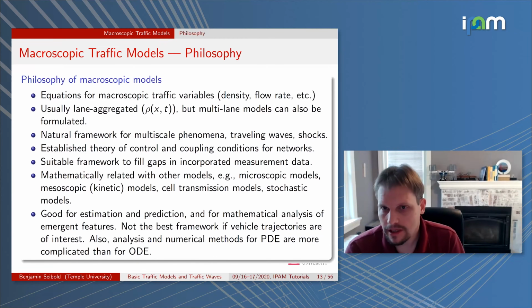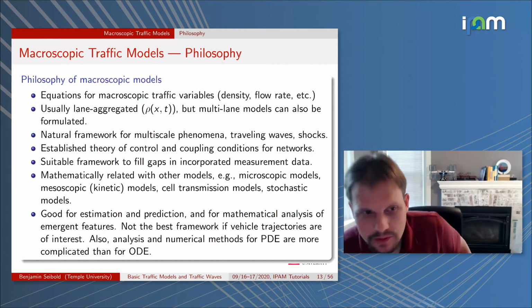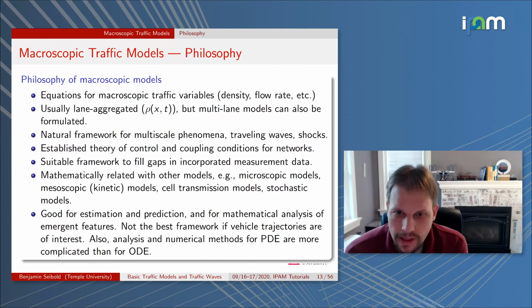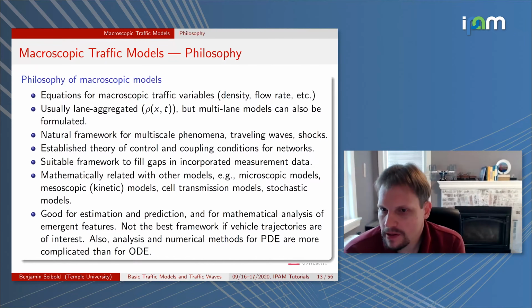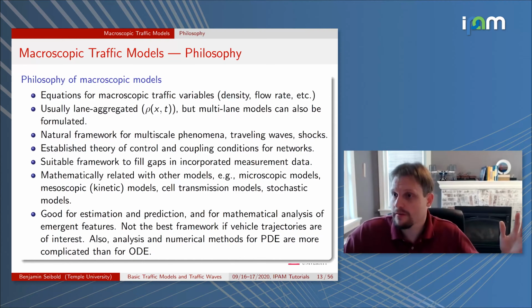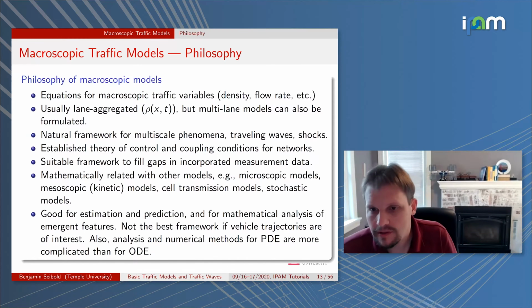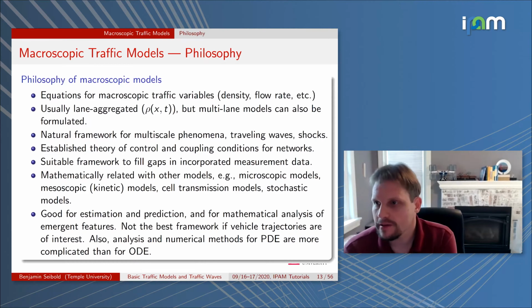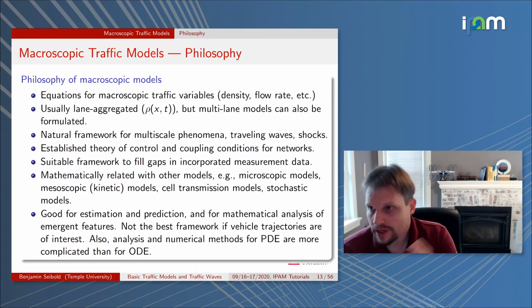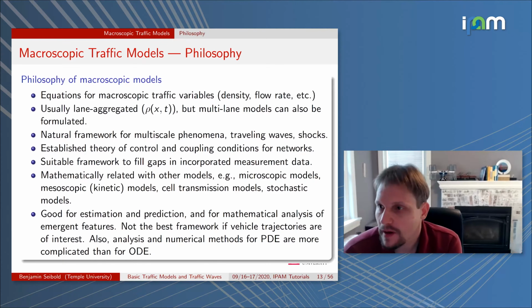Usually they are lane-aggregated because you can, and it simplifies your model, but you can also use that for a multi-lane description. It's a natural framework for multi-scale phenomena because you can zoom in and out as you wish once you have the macroscopic description, right? So traveling waves are easy to cast in this framework. Shocks are idealizations of braking zones, and they simplify your mathematical description, actually.